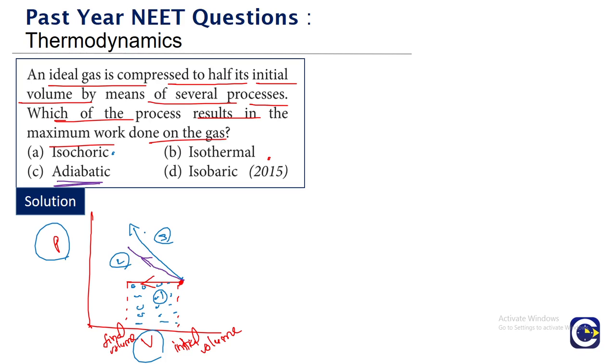In the isothermal case, we are going to get some extra work done, because in addition to that there is also some area here. But if you go to the adiabatic, we are going to get even more work done, because in addition to this you also have some more area over here. So the area is maximum.